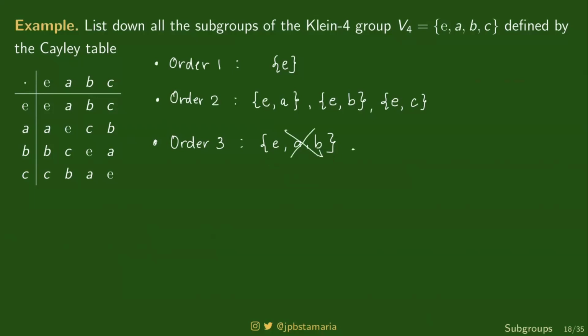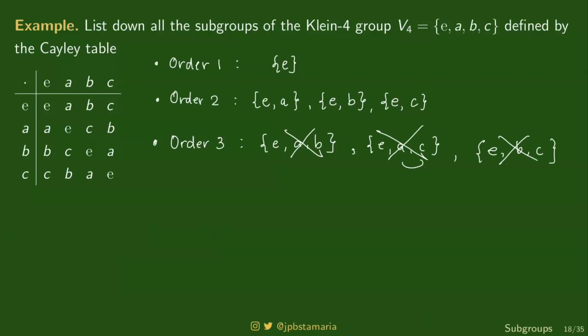How about EAC? Hindi rin kasi yung A times C ay B. Diba? How about EBC? Hindi rin. Wala na tayong ibang choice.